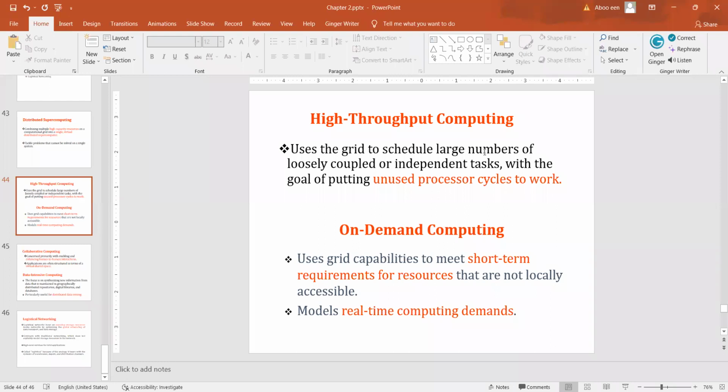Processor cycle means its capacity to compute or analyze some data. In a sense, they are collecting the unutilized processors' computing power and doing some kind of special computations.